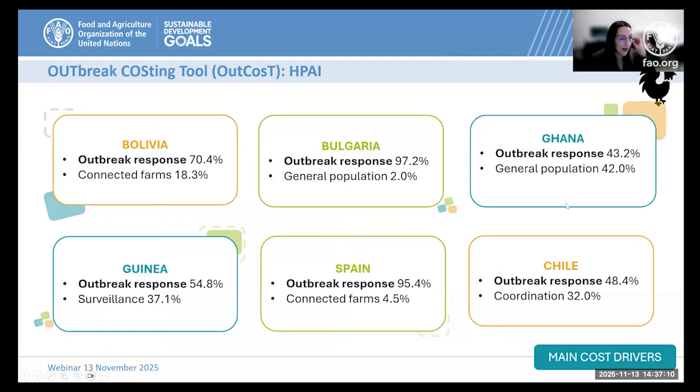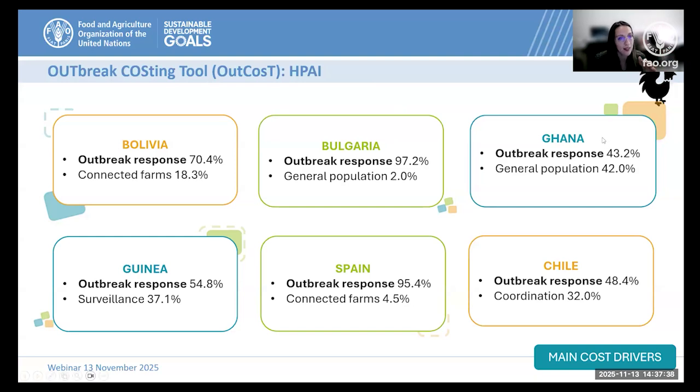When you look at costs, you can see that almost all of them had the majority of resources allocated to the farms that were affected by the outbreak. But you can see a big difference here. For example, in Bulgaria and Spain, they allocated almost all the resources to that.